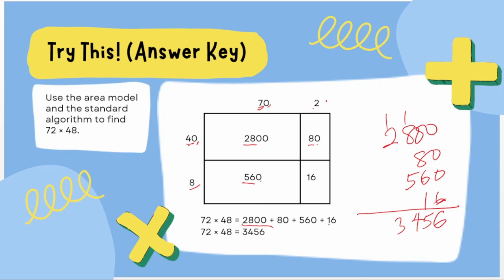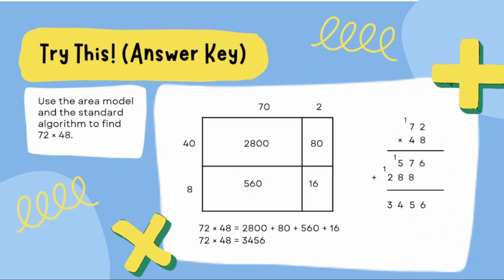All right. So the next stage now is to look at the standard algorithm. We have looked at the area model method. So let's look at the standard algorithm on the other side. So this is it here. We have 72 at the top, and then 48 below.